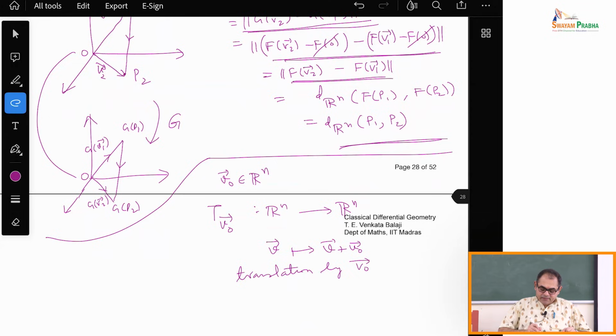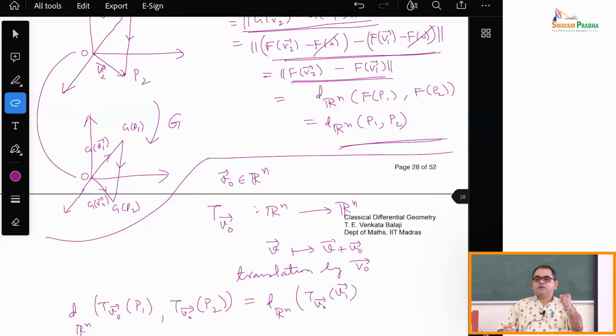Why? Because if you suppose I take 2 points, let us say P1 and P2, and calculate the distance between their images under the translation by V naught. Okay, what will I get? If P1 is represented by V1, then I will get dRn by definition, this is going to be T V naught of V1 vector.